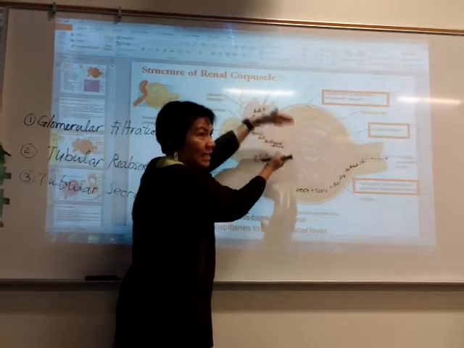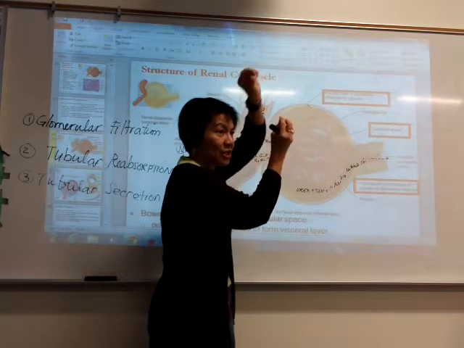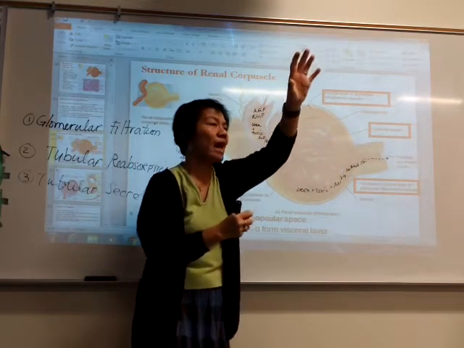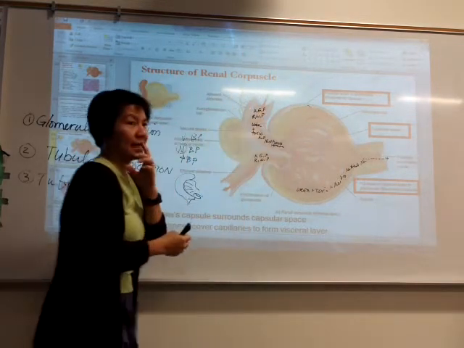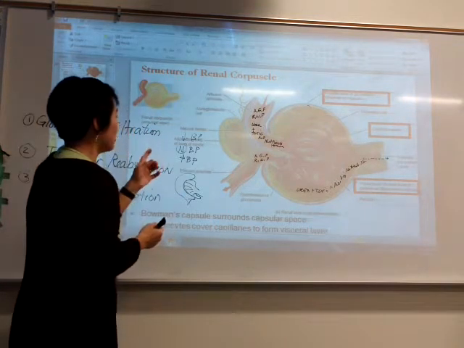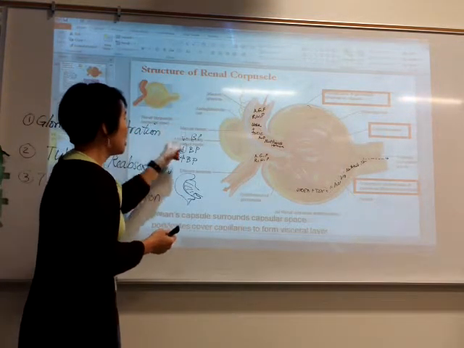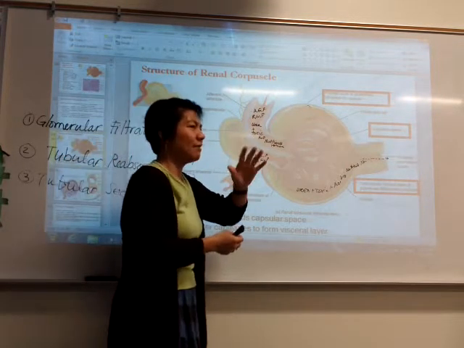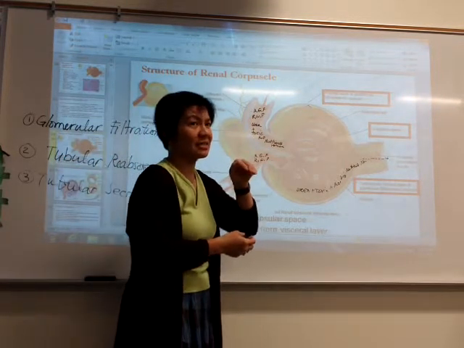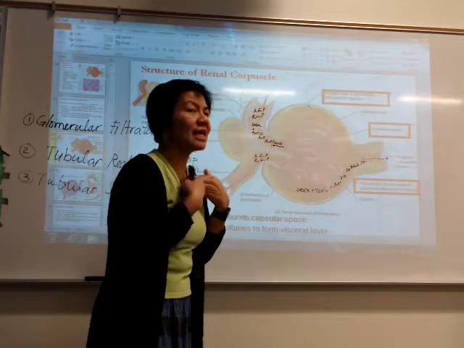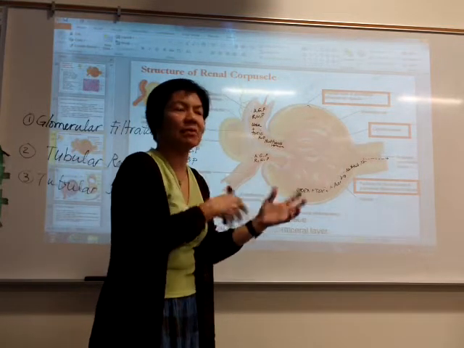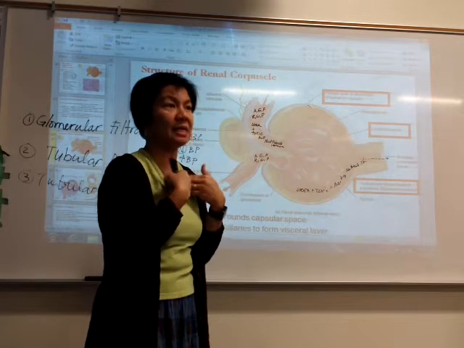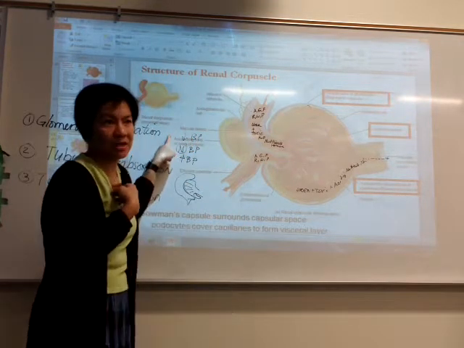When you get here, you have to have that normal pressure. Why? Can you predict? Can you tell me the consequence of, let's say, low blood pressure, if there's no way for your kidneys to adjust?